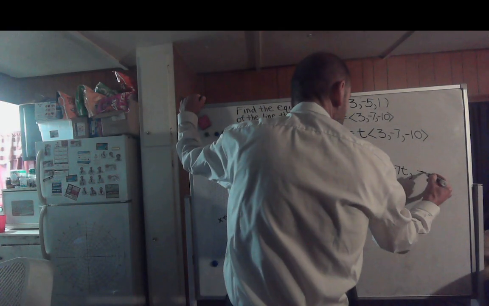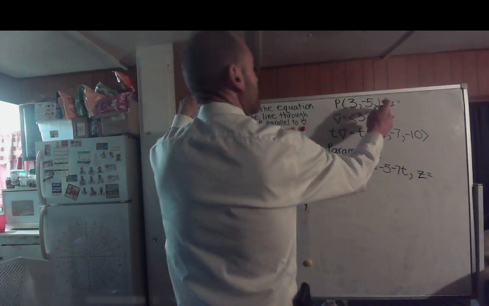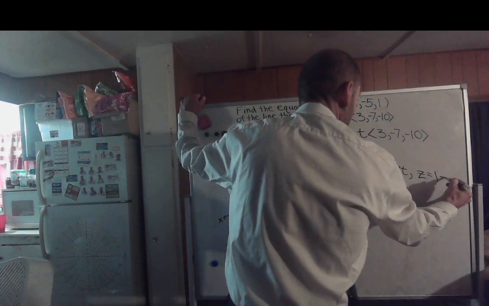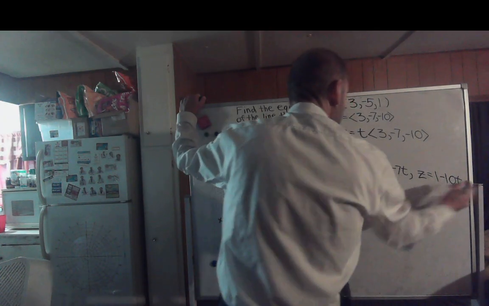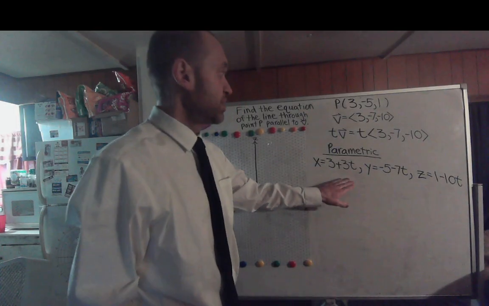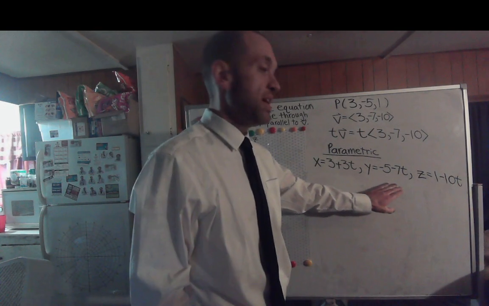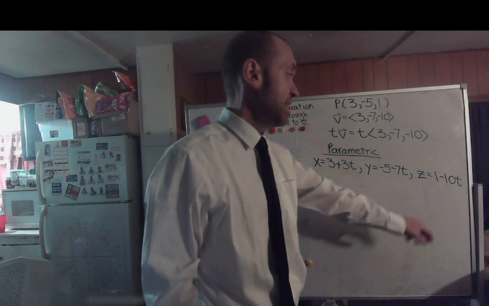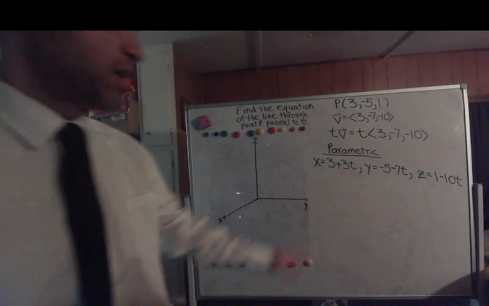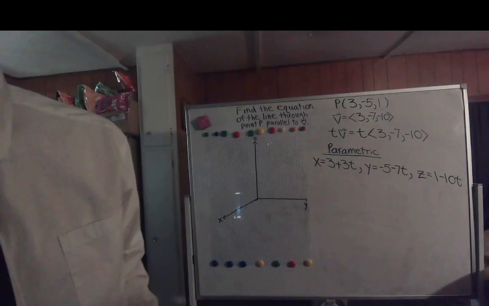And then z is going to equal that 1 plus the -10 times t, or 1 minus 10t. So for parametric equations, you get x equals 3 plus 3t, y equals -5 minus 7t, and z equals 1 minus 10t. Those are the parametric equations of the line.